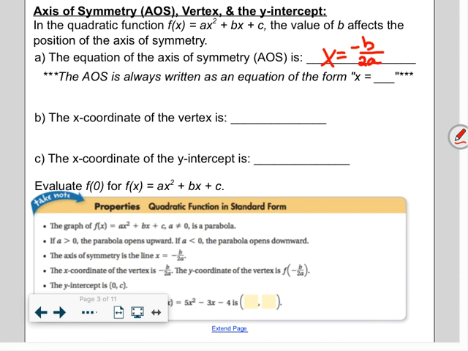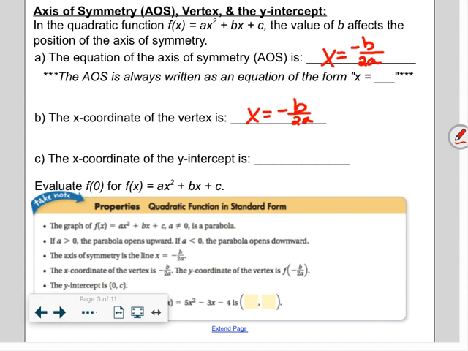All right, so the axis of symmetry is always written as an equation in the form x equals. The x-coordinate of the vertex is the same. And here's the beauty. This is the cool connection. If I go back to what you did last night for homework, you remember we found the vertex and it was x equals the x value of the vertex.